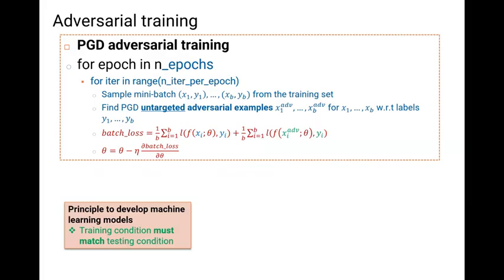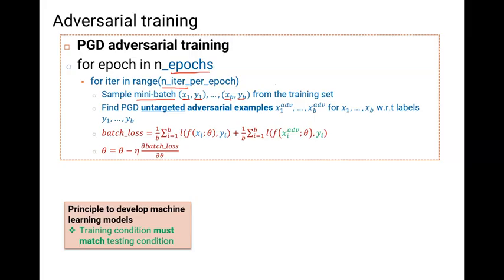So the implementation is very simple. We just do what we have been doing before. We have a number of epochs, and during each epoch, we have a number of iterations. During each iteration, we take a mini batch, which has the input image and the ground truth label.